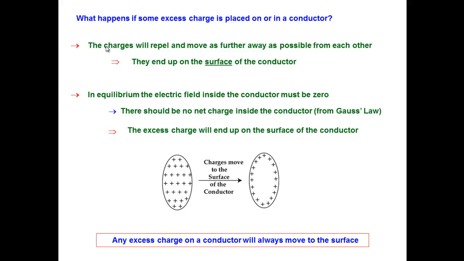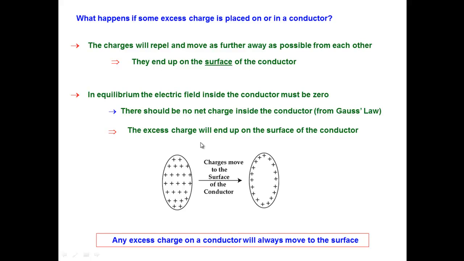Another way is to say, in equilibrium, as we've just talked about, the electric field inside the conductor must be zero. Otherwise, there would be charges inside the conductor that would be moving, and it wouldn't be in equilibrium. Well, according to Gauss's law, then there should be no net charge inside the conductor.